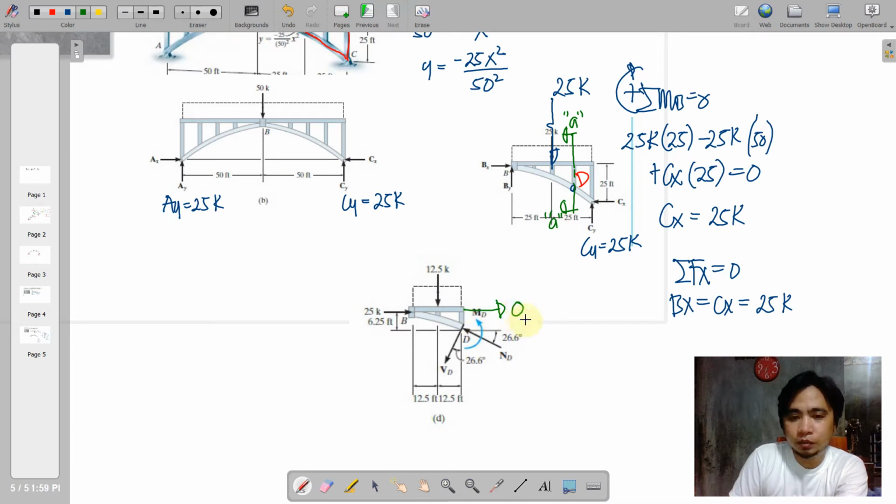So we indicate a zero force member on that horizontal member here.